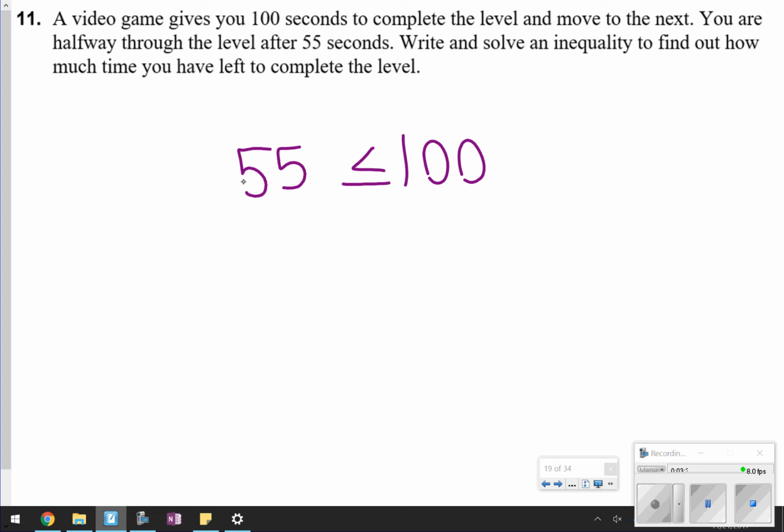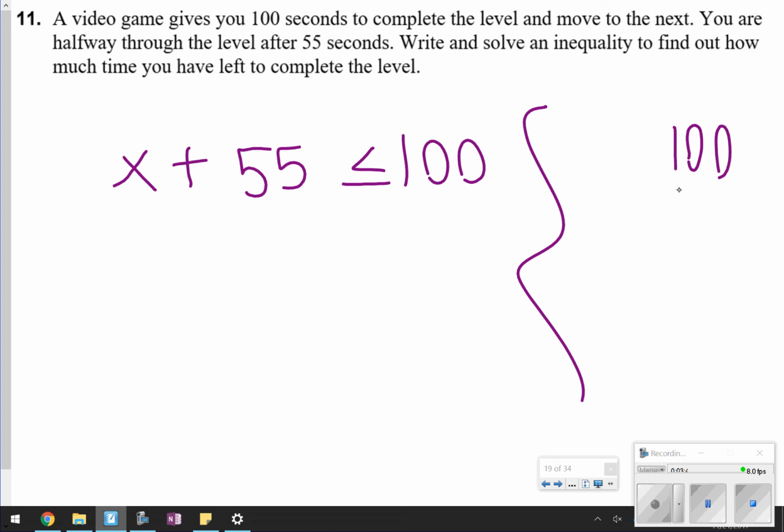Well, we know that we've already spent 55, so we would probably say x plus 55 would be less than or equal to 100. Another way you can think about this, you know that you have to probably subtract to solve it. So if I have to use subtraction to solve it, I'm going to use addition to show it in my original inequality. So here's your part 1.